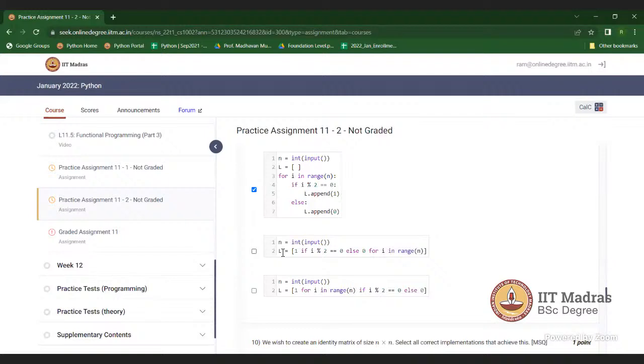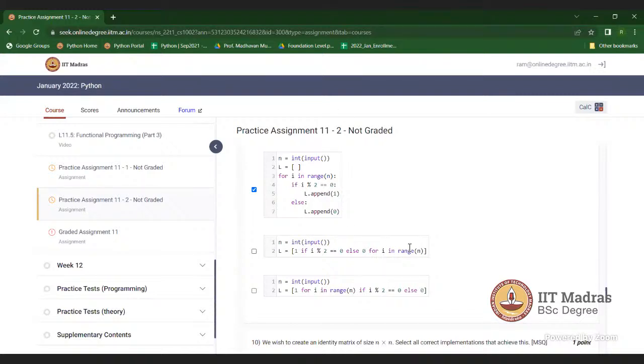That is the value of the list element: if i percentage 2 is not equal to 0, then the list element is going to be 0, just like what we had here.